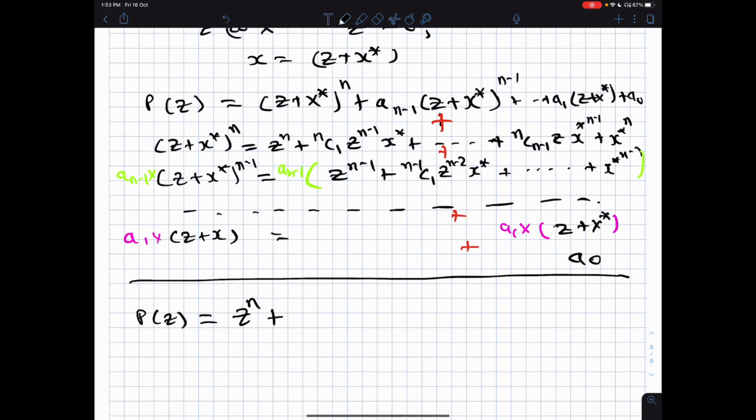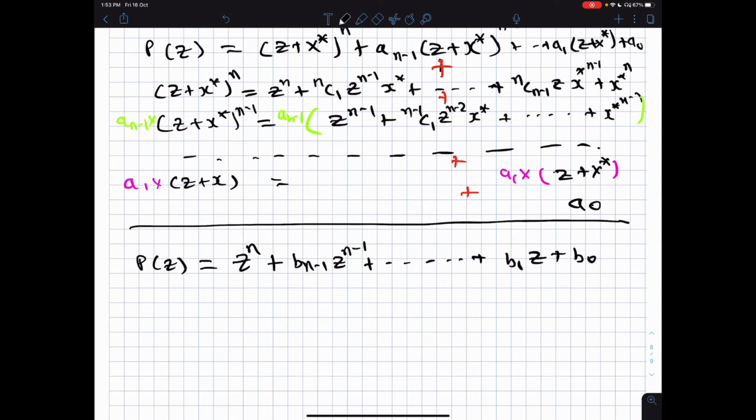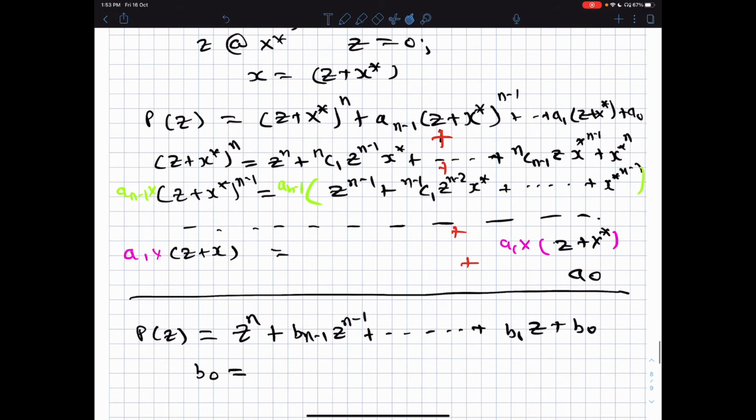But because of this addition, I will now call this b n minus 1 z to the power n minus 1 and so on up to b1 z plus b naught. So this is the equivalent polynomial in the transformed z variable. And what is b naught? Start from here.